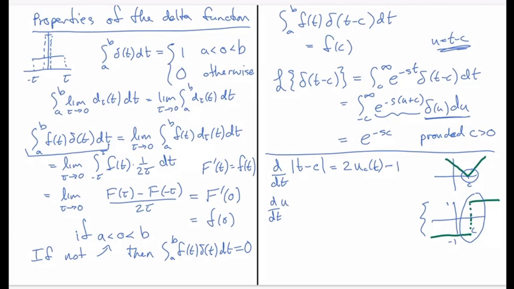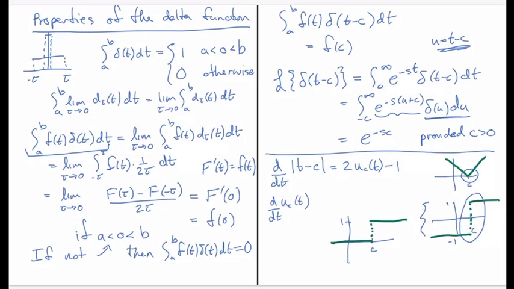Let's say of u sub c of t. What is the derivative of that function? Let's draw it out here, and we'll put c there. I have a function that's 0 up until c, and then I jump up to 1. So I put 1 there. What is the derivative of this?